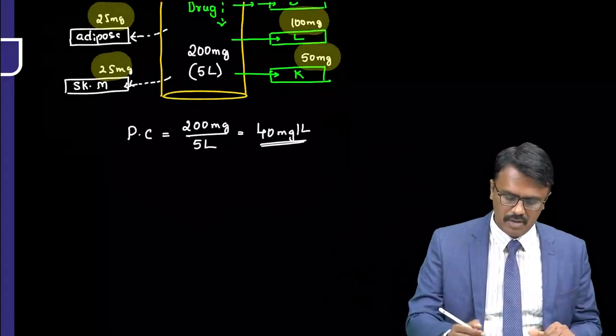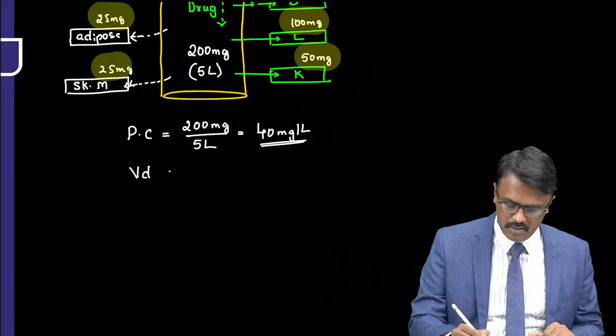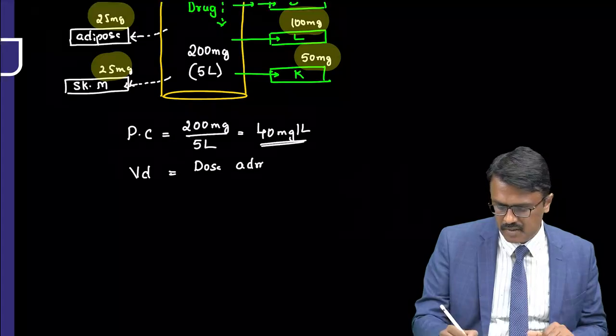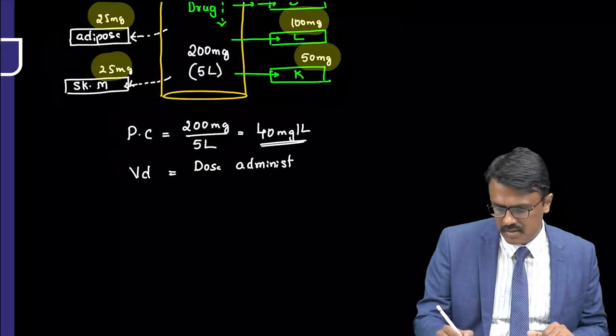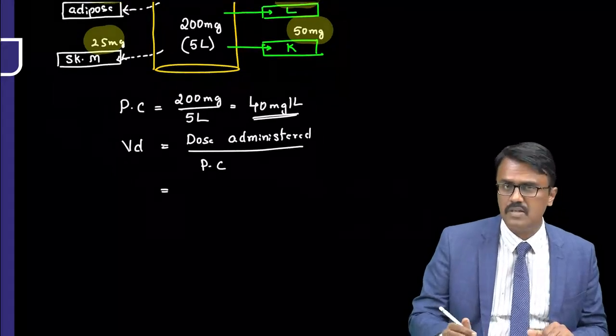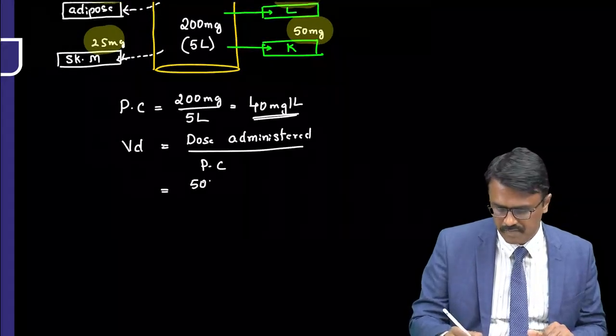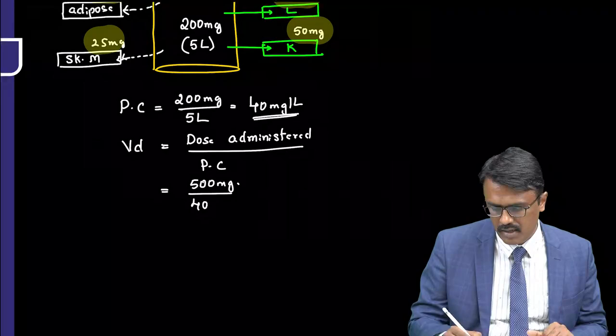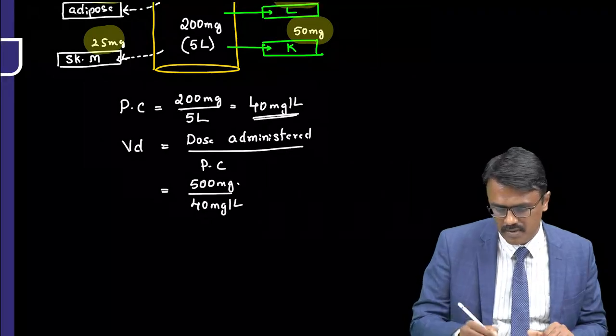Now if I tell you the volume of distribution, it is nothing but the dose administered divided by plasma concentration. Now in this example, again the dose administered is the same, 500 mg. And the plasma concentration is 40 milligram per liter as per this.